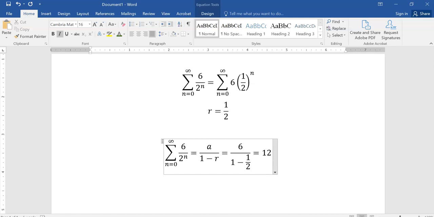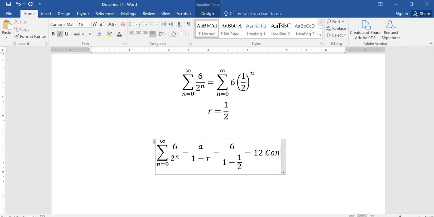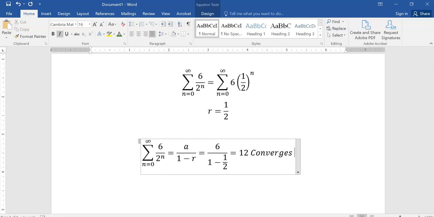All right, so 6 divided by 1/2 is a 12. 1 minus 1/2 is 1/2, obviously. So this summation converges to 12.